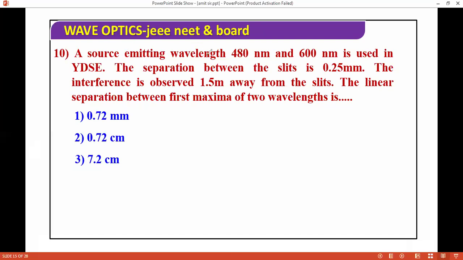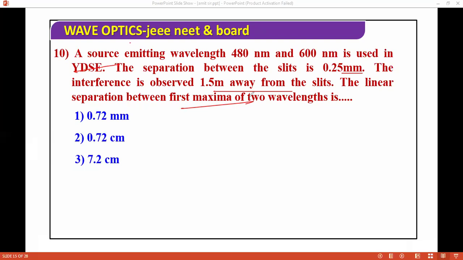A source emitting wavelengths is used in Young's experiment, with the screen 1.5 meter away from the slits, and this is the linear separation between the first maximum of the two wavelengths.